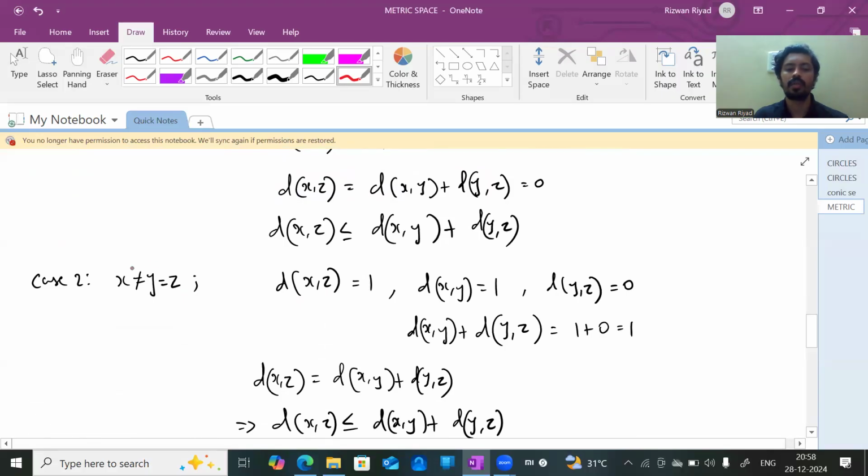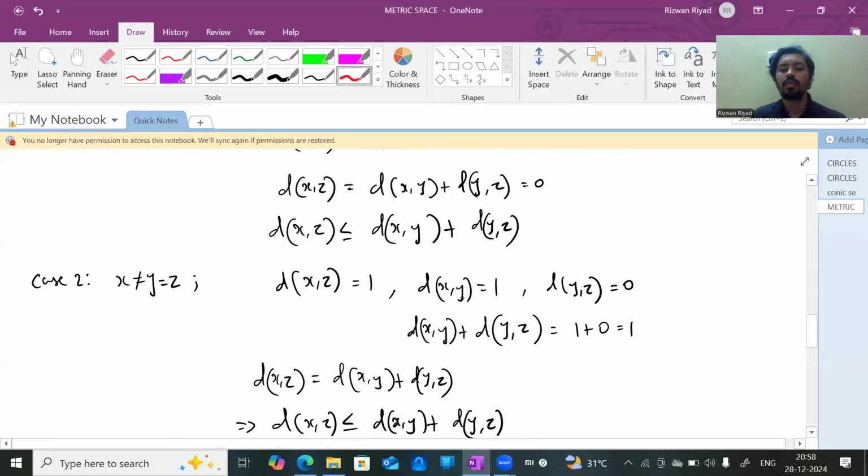So x and z are different, d of xz will be 1 according to the definition of discrete metric. If they are different values, their function value will be 1.